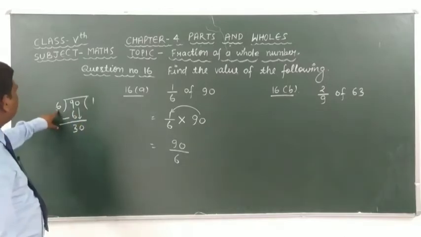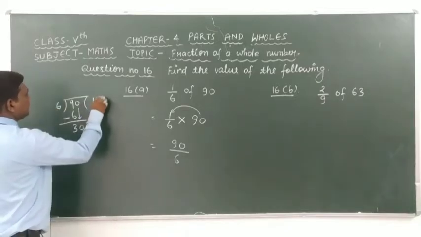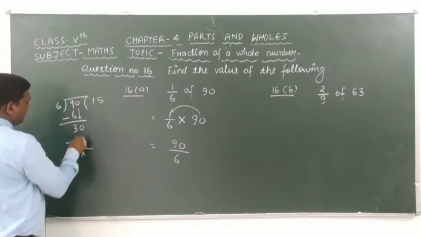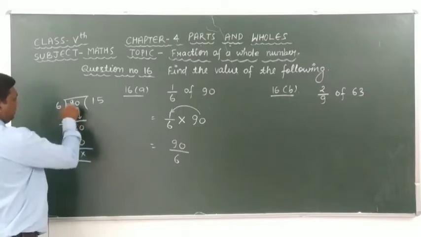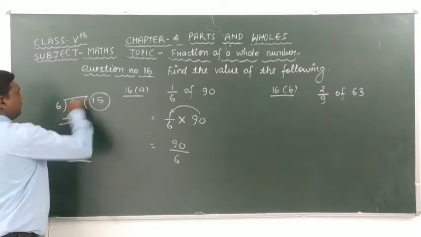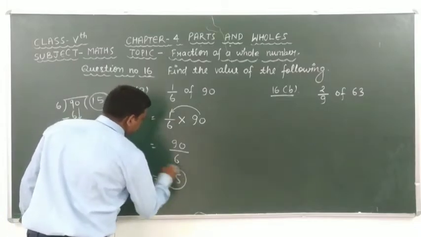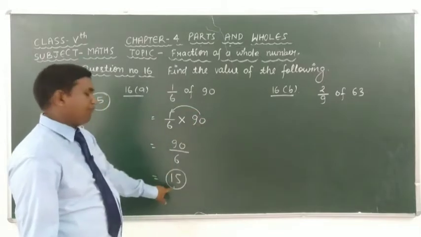Recall the table of 6. 6 times 5 is 30. After subtracting these we get 0 minus 0 is cancel out, 3 minus 3 is cancel out. After dividing these we get 15. Then 1/6 of 90 is equal to 15.